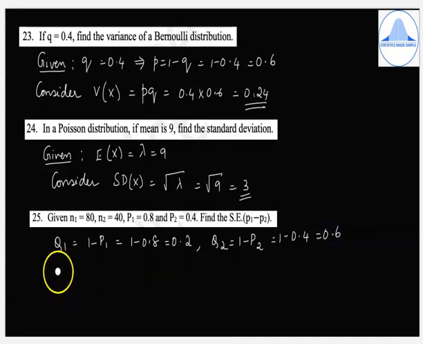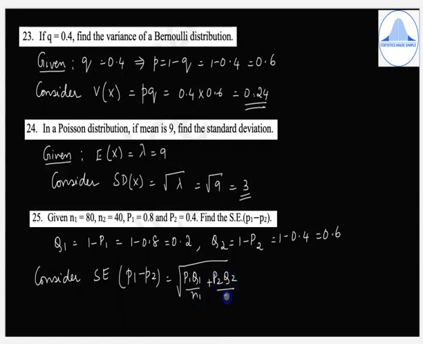So let's write the formula for the standard error. So standard error of P1 minus P2 is equal to root of P1 Q1 by N1 plus P2 Q2 divided by N2. So substituting the values, we get root 0.8 into 0.2 divided by 80 plus 0.4 into 0.6 divided by 40.